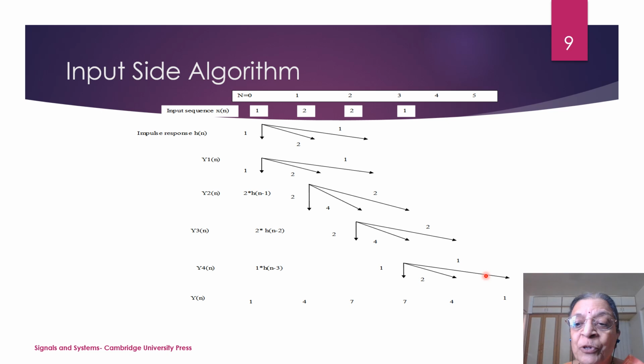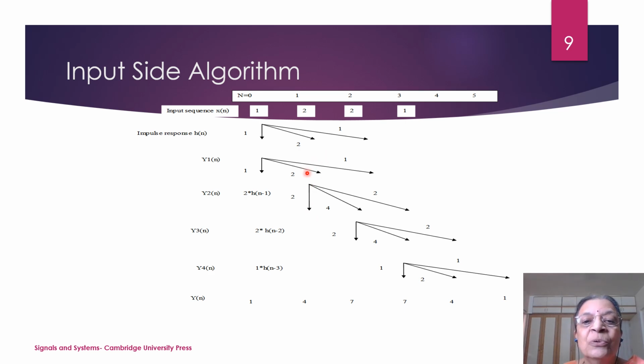Now what am I supposed to do at the output? At the output, add up all the contributions from the different inputs. At n equal to 0, the output will be contributed only from this delta n. So it is equal to 1. At n equal to 1, the delta n will contribute and delta n minus 1 will also contribute.